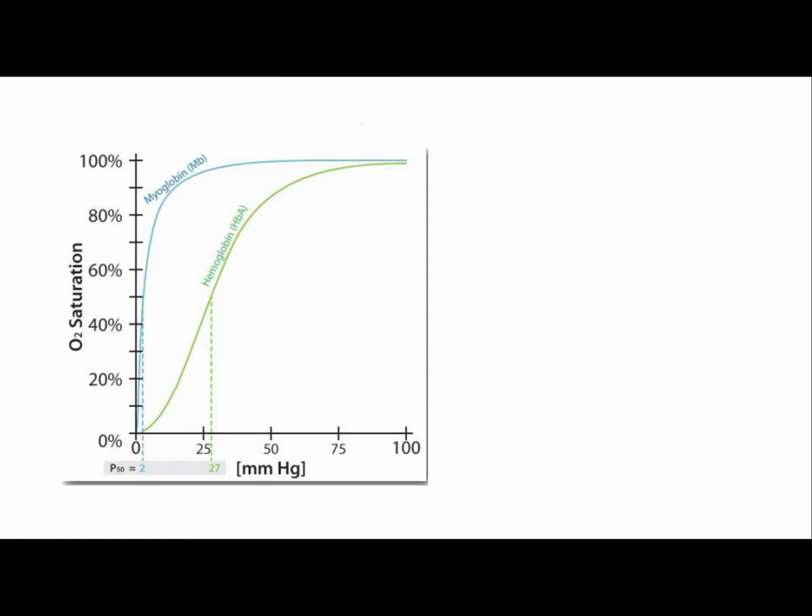As you can see in this curve, the binding of hemoglobin for oxygen is S-shaped, and we call that sigmoidal, whereas the binding curve for myoglobin is hyperbolic.